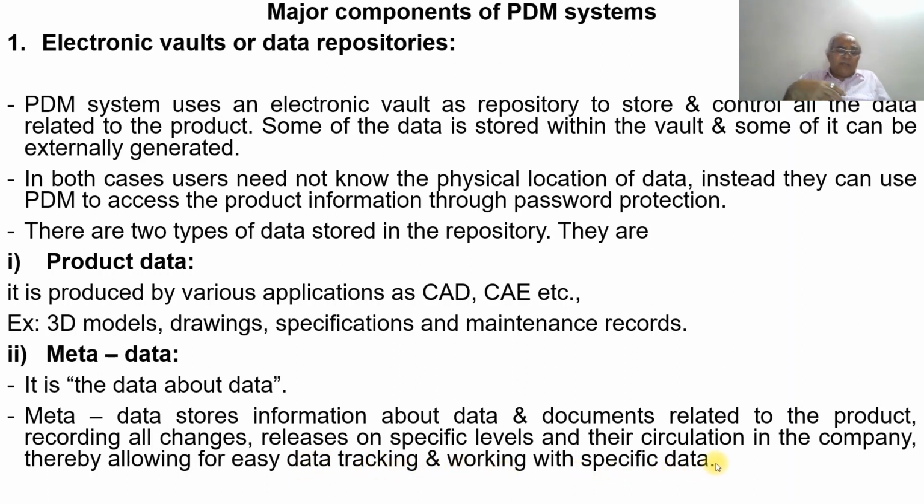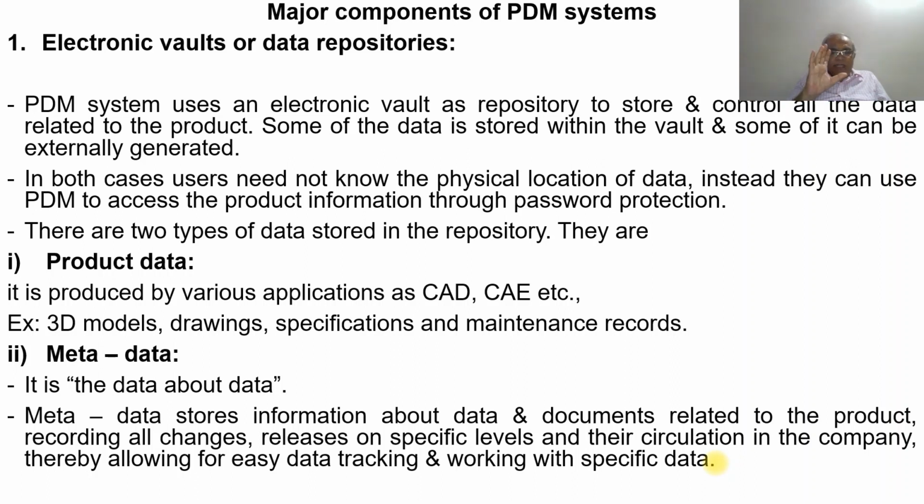So what does it mean? When we are working in a company, suppose we have released one particular drawing, for example. We have released the drawing on such and such a date, and the date will be there. After a certain period of time, they may modify the data.